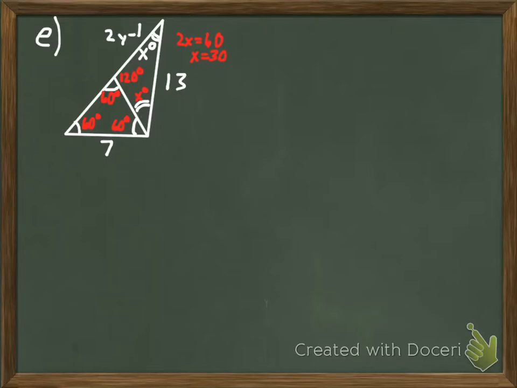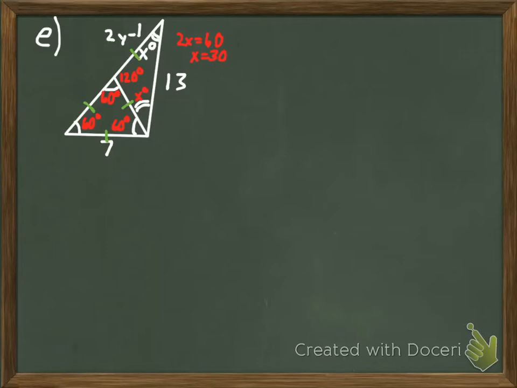All right, now, as far as the side length goes, finding that 2y minus 1. That bottom left triangle that's equiangular, we know has to be equilateral as well. And then we know that the other triangle, that obtuse triangle right there, it has two angles that are congruent. So according to the converse of the base angles theorem, it's going to have two sides that are congruent.